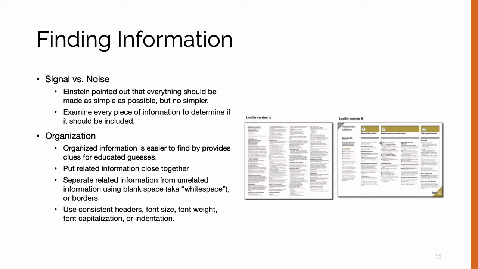Make sure you use consistent headers and font size and font weight, and that just kind of gives people an idea of the hierarchy of information and what's related to what information and how information is grouped. That can all be done through those things: headers, font size, font weight, etc.